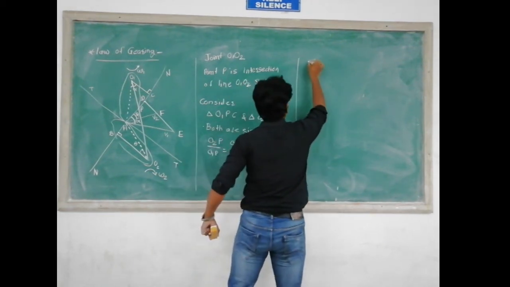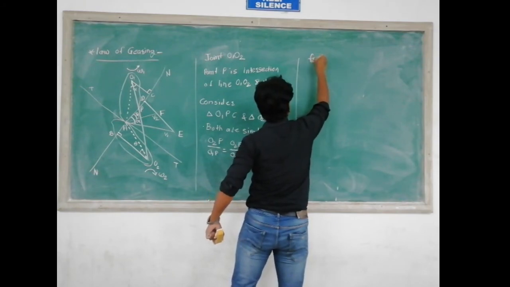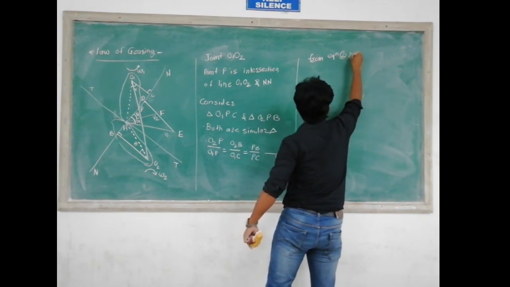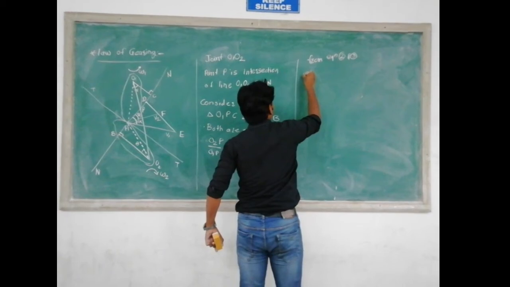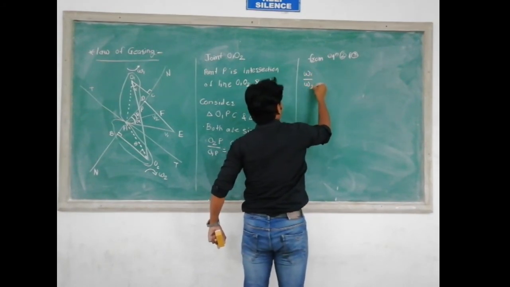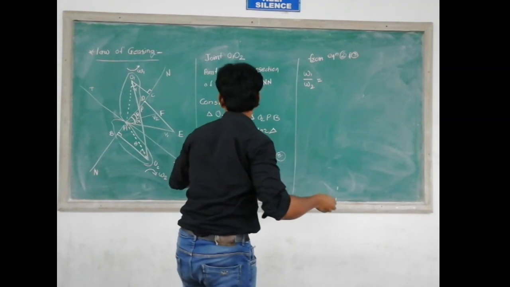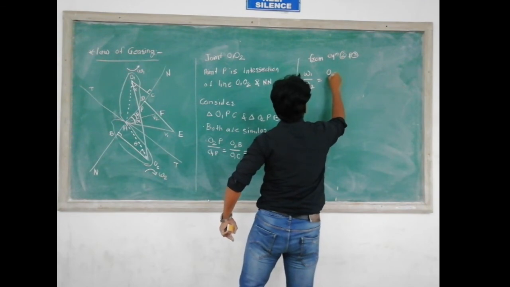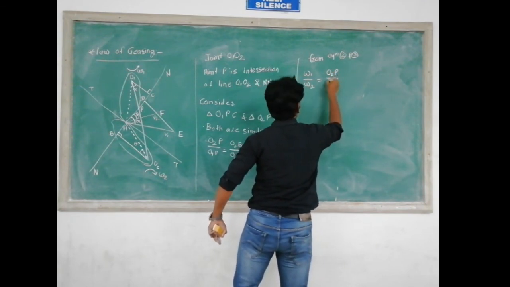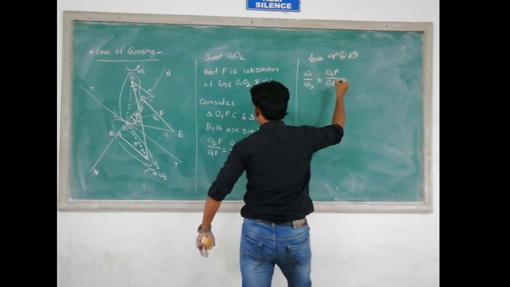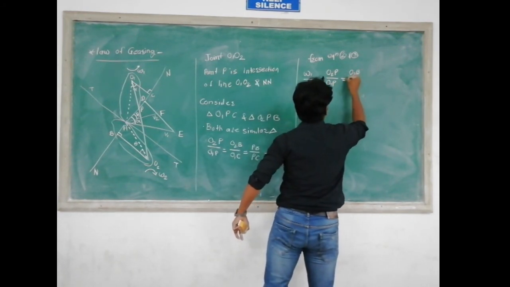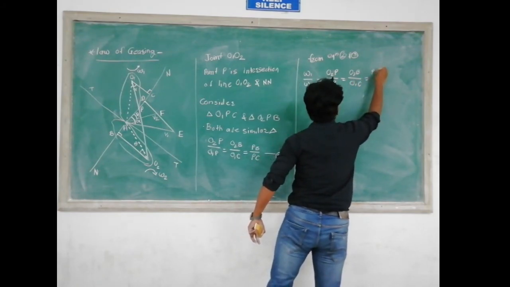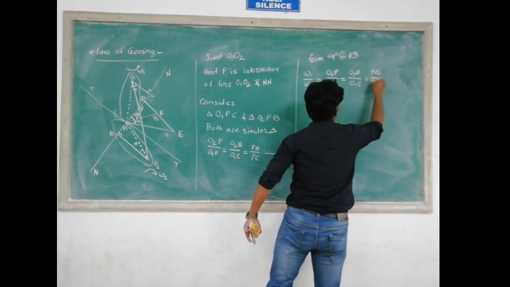Okay. From equation 2 and 3 we will get omega 1 upon omega 2 equal to O2P divided by O1P equal to O2B divided by O1C equal to PB divided by PC.